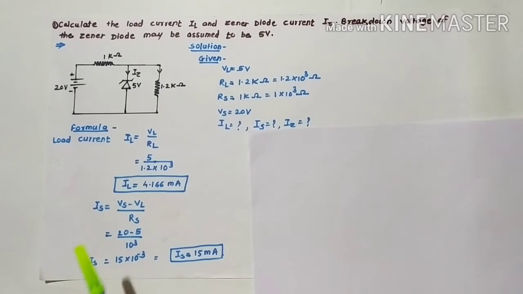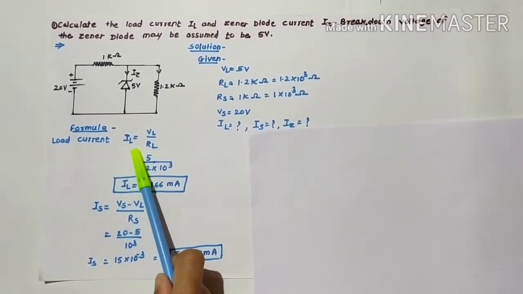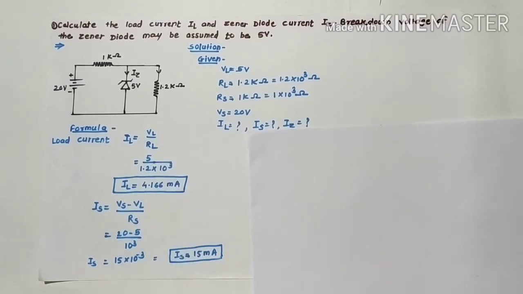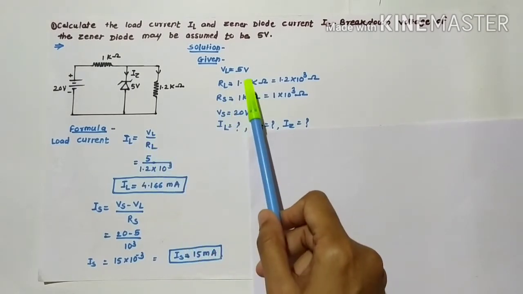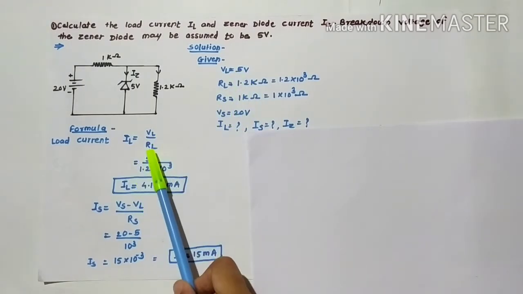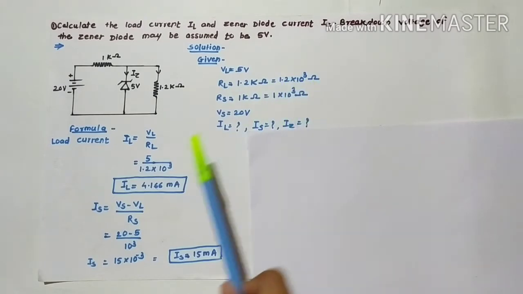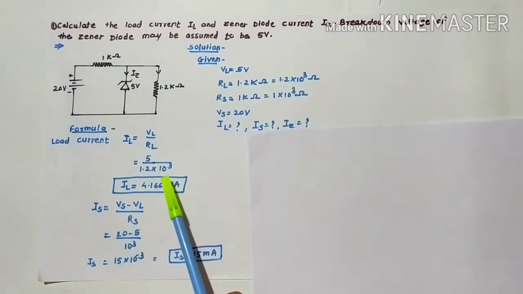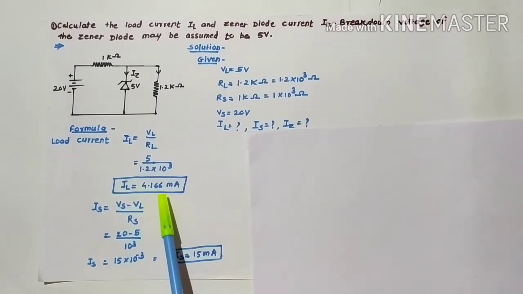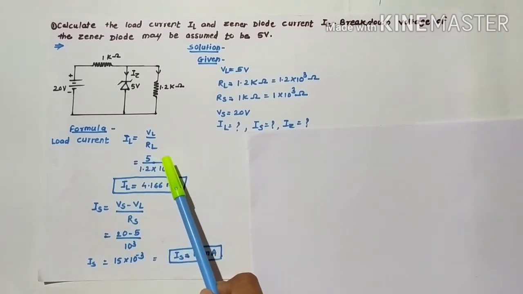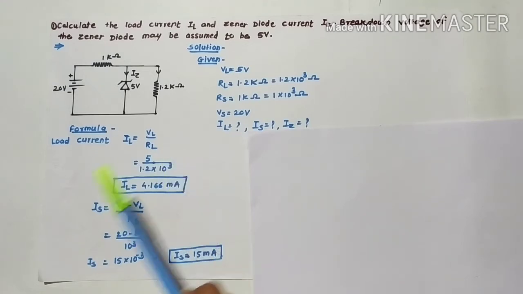Now by using Ohm's law, IL is equal to VL upon RL. The value of VL is 5 volt upon RL 1.2 kilo ohm. By putting in the values, we get the load current IL equal to 4.166 milliampere, because 10 raised to 3 goes to the numerator and turns into 10 raised to minus 3.